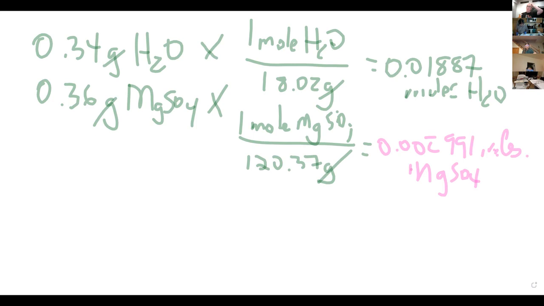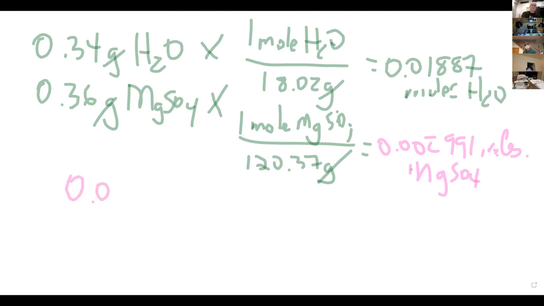And so remember, what we're looking for is the ratio of water and magnesium sulfate. So I'm going to put water on the top, magnesium on the bottom, because there should be more water than magnesium. And that'll give us our ratio.